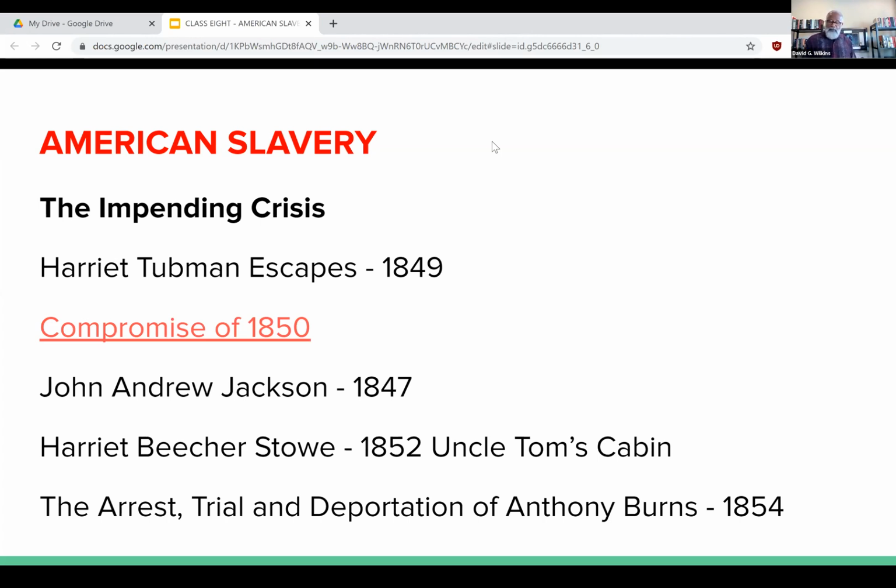The reference to the slave trade ending in DC is interesting in that many of those enslavers actually received payments for giving up their enslaved property, so paid reparations. But I want to really focus on this new fugitive slave law.